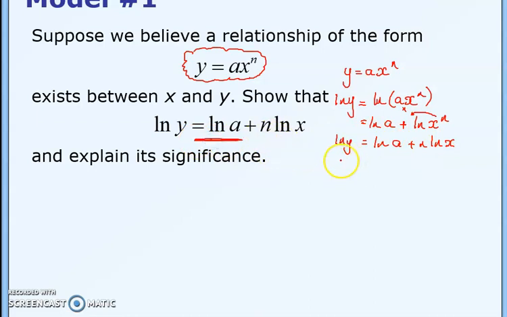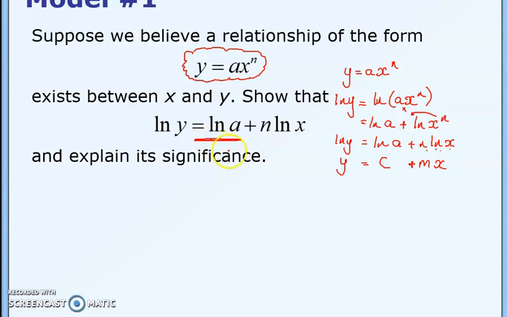Explain its significance. Well, we basically line this up as y equals mx plus c. There are slight differences, I suppose. Here, I think this is my mx. You can see it says log x. So I'm going to think of this as my mx plus c. I've written it in a different order.